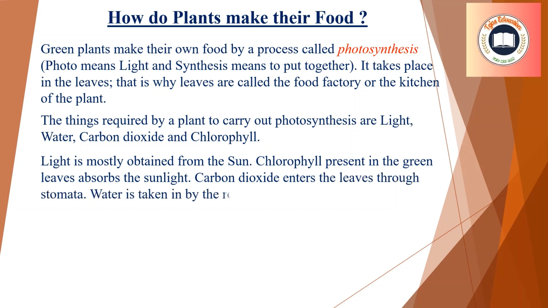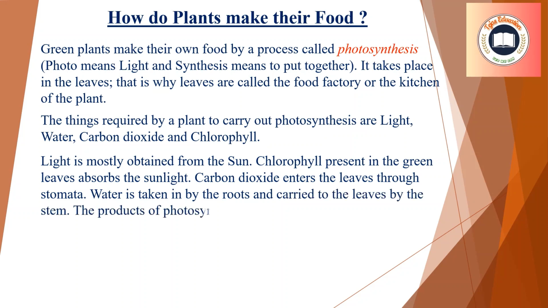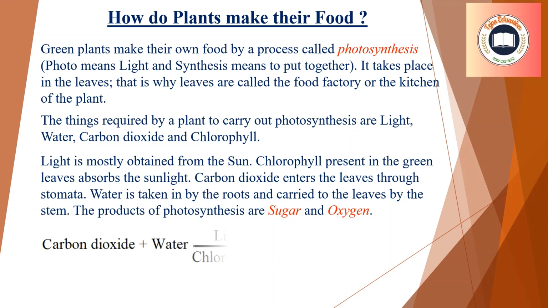Water is taken in by the roots and carried to the leaves by the stem. The products of photosynthesis are sugar and oxygen. Carbon dioxide plus water in presence of light and chlorophyll gives sugar plus oxygen.